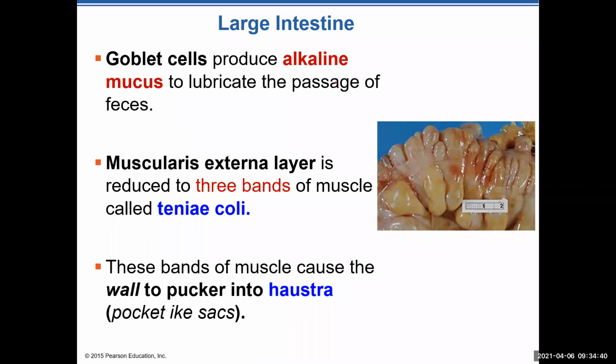But we again have an exception over here, the exception in the large intestines. What is the exception? If you see here, the muscularis externa is basically reduced to three bands of muscle, which we call the taenia coli. I'll show you the diagram in a while.